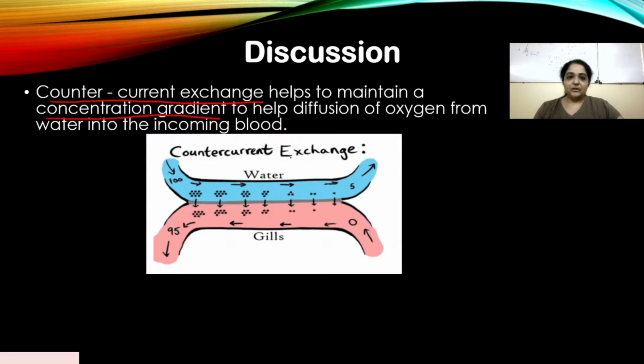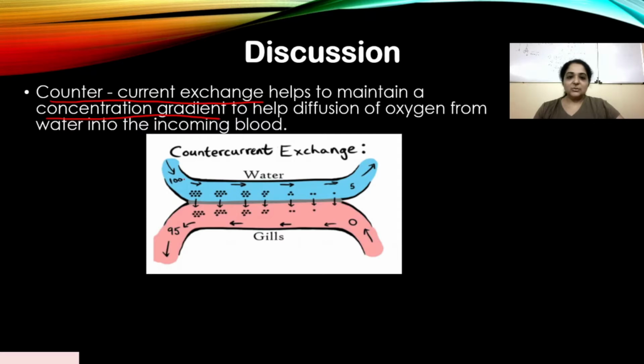So there is exchange of oxygen from the water into the gills. Now you see deoxygenated blood is moving in from the gills over here, and you see oxygenated water which is 100 over here, and as it's moving across, the concentration is decreasing.